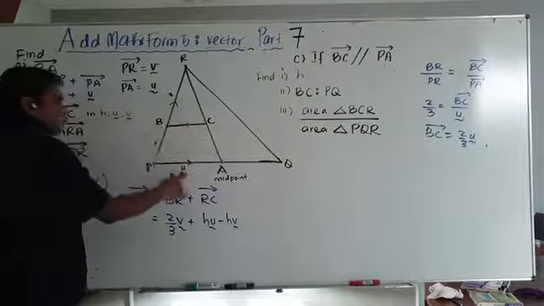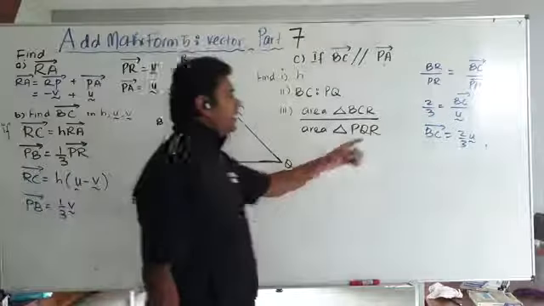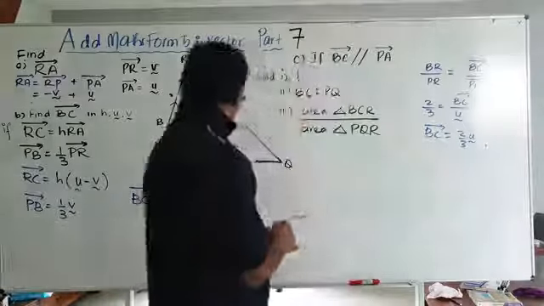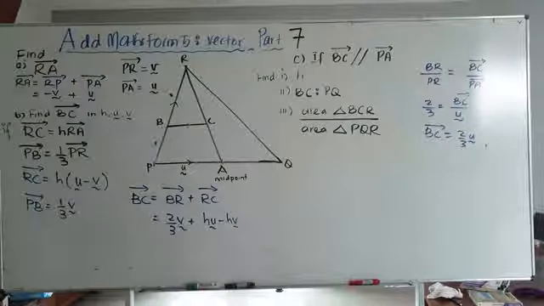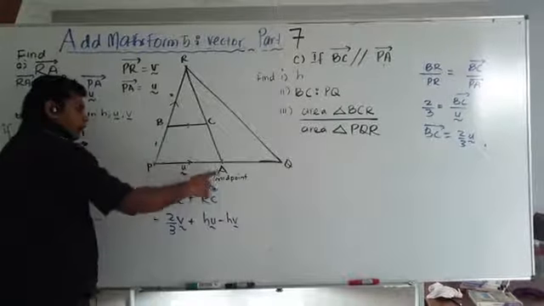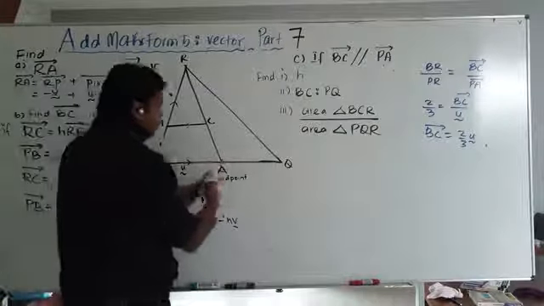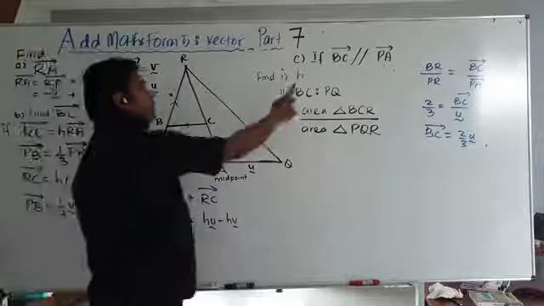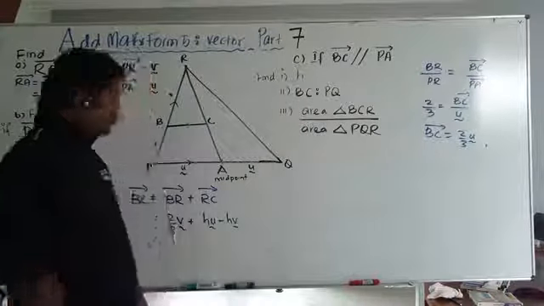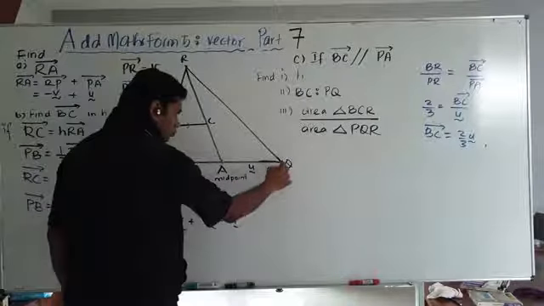Because they are parallel, they must have the same vector u and u. So we have found what is BC. Are you following me? You okay? Now, the next point is this is the midpoint, which means this is u and this also must be u. So the first question is, what is BC over PQ? PQ is 2u.